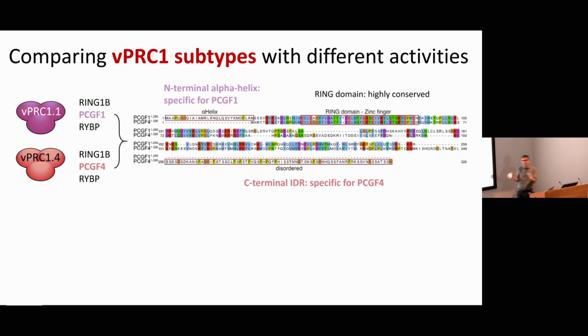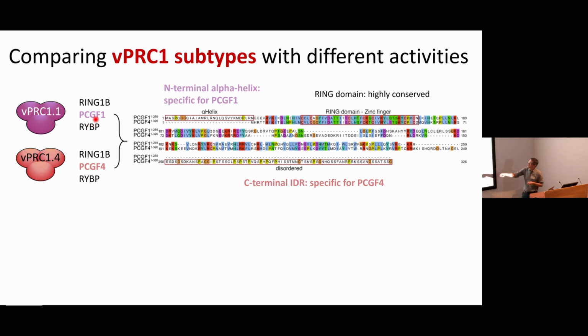Okay, so now we have a system where we can really look at the details of this reaction. One thing we wondered is, how does the PCGF unit, of which there are so many different variants, affect the ubiquitination efficiency of PRC1?